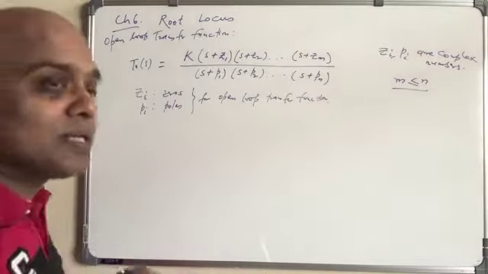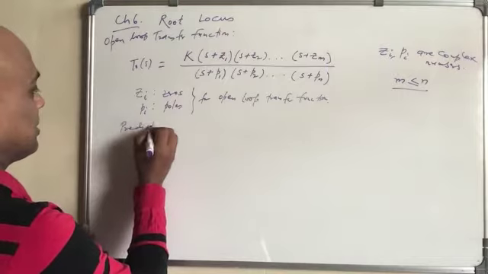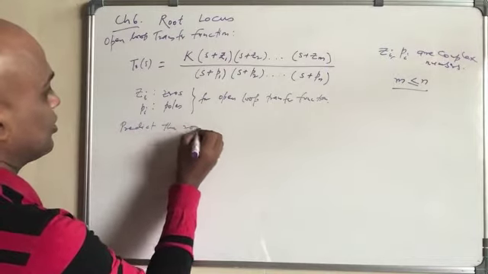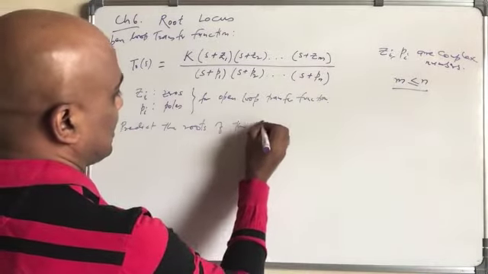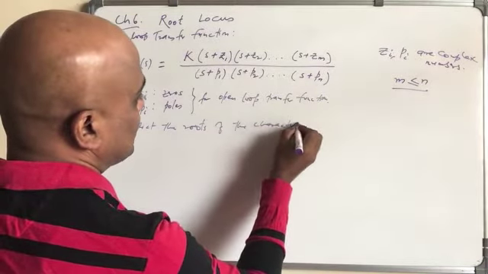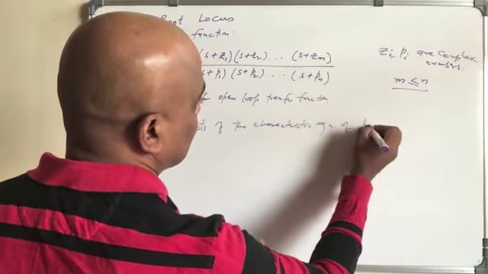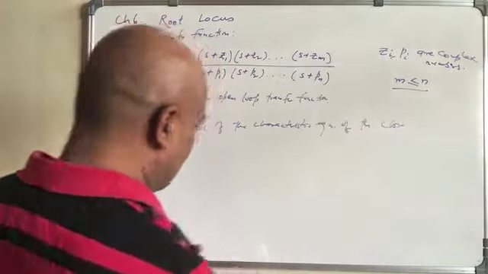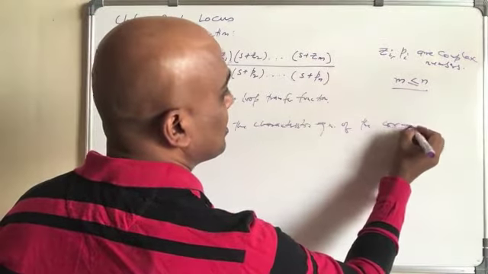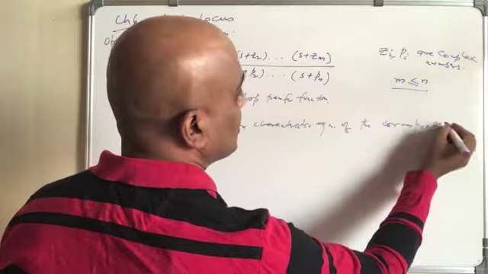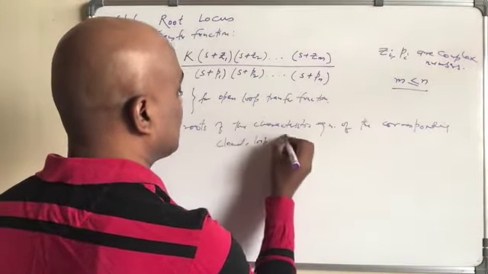Now we have to predict the roots of the characteristic equation of the closed loop, the corresponding closed loop transfer function.